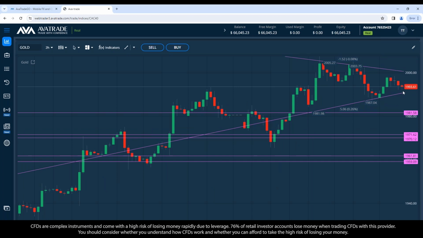Eventually, this will get pinched here tight enough that it has to break out one way or the other. Okay, and if it does, it likely will find resistance at the high up here. Here's the resistance, or the low down here. Here's the support. Okay, and I can get rid of some of these old lines.